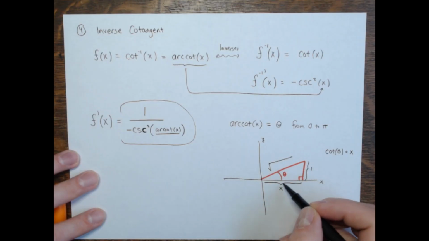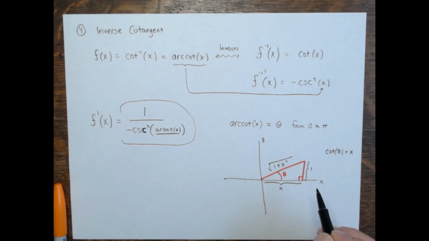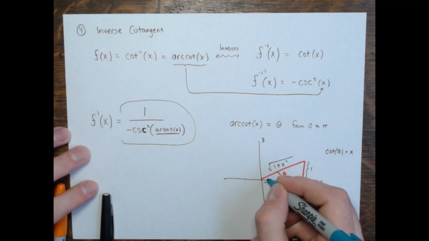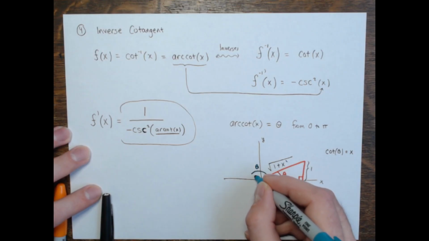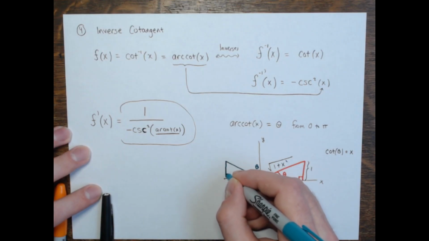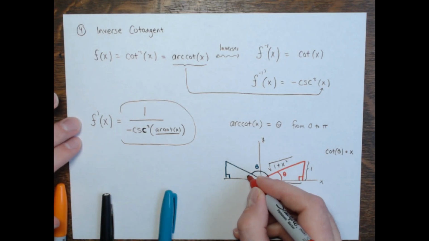Through the Pythagorean theorem, that would be the square root of 1 plus x squared, or x squared plus 1. And then even if it were a quadrant 2 angle, let's say theta was over here, and this was my triangle, you'd get a reference angle that would have the same values of the trig functions, right?